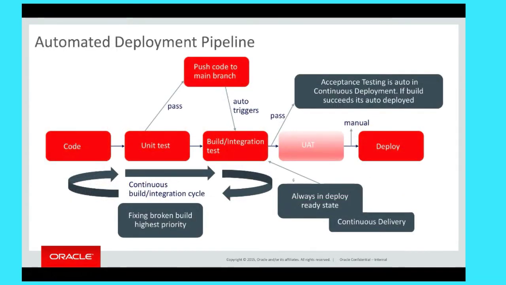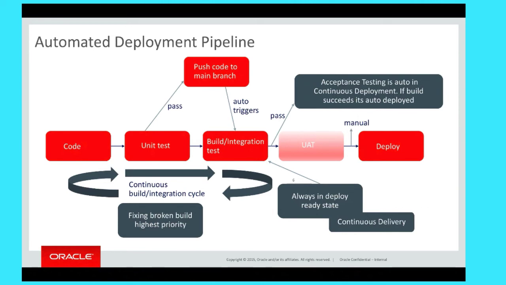These are some of the concepts of Agile. I won't dwell too much on it, but typically in a continuous integration or automated deployment pipeline, developers write the code, and as they push the code to an integration system or repository, it triggers a set of tests.